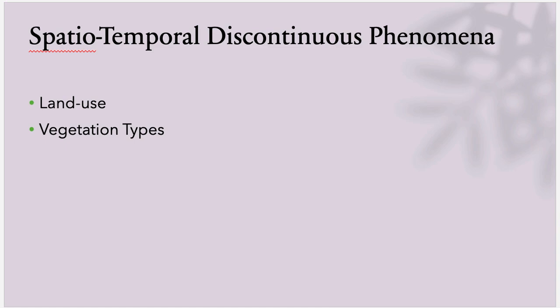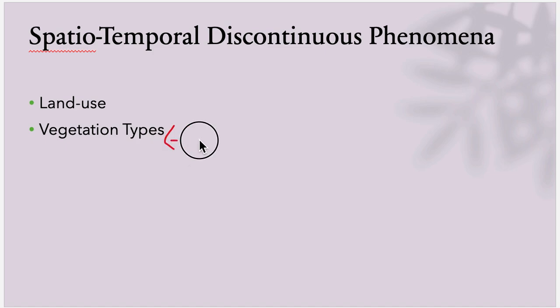For spatiotemporal discontinuous phenomena, examples are land use and vegetation types. Land use is a discrete variable because it is made up of distinct separate categories such as forest, agriculture, and urban areas.